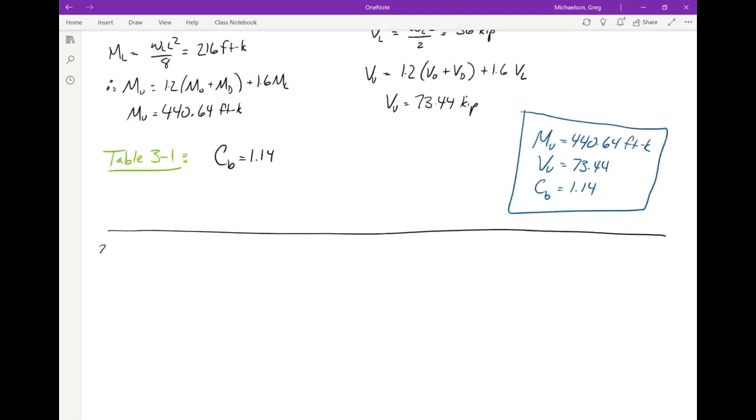Step 2 is your deflection limits. Now this problem has an allowable deflection of L over 360. So that's 24 feet over 360. And then don't forget, we need to convert that.